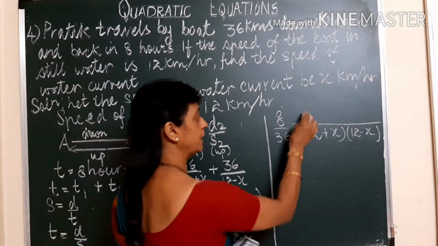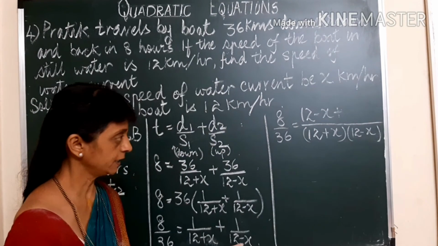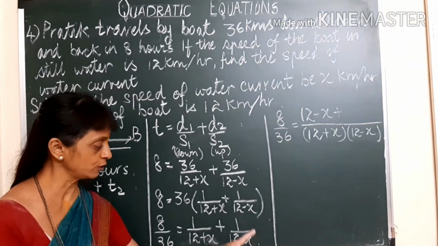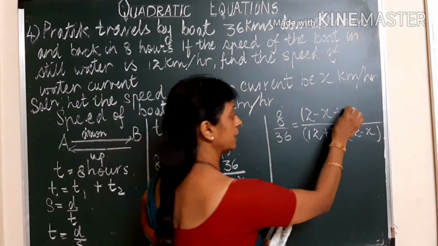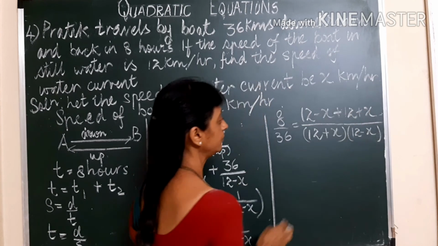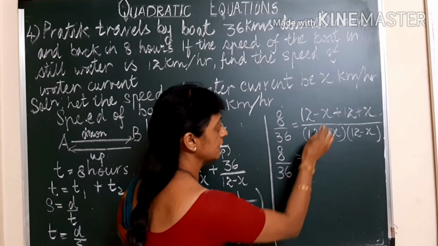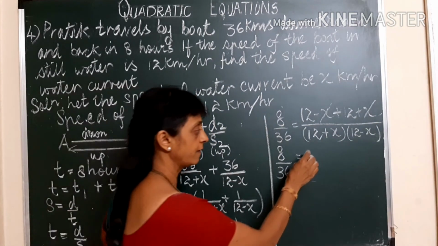So 1 into 12 minus x gives you 12 minus x plus, already 12 minus x is present. You have to just multiply by 12 plus x. So also numerator 12 plus x. 1 into 12 plus x gives you again 12 plus x. Here you are left with 8 upon 36. Minus x and plus x gets cancelled. 12 plus 12 gives you 24.